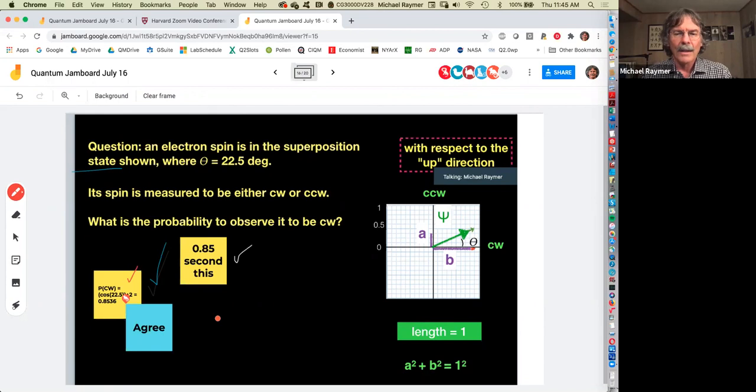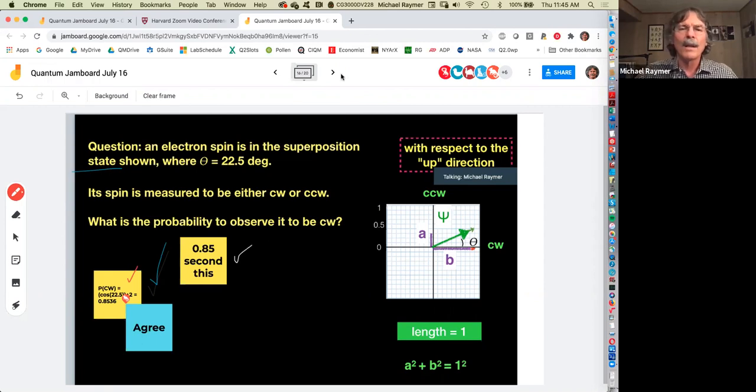It's just that now the states don't correspond to directions in space, they correspond to counterclockwise and clockwise, which is not a point in a direction in space at all. It's just the way the thing is spinning. So now once you think about that, you can generalize this to many other examples.